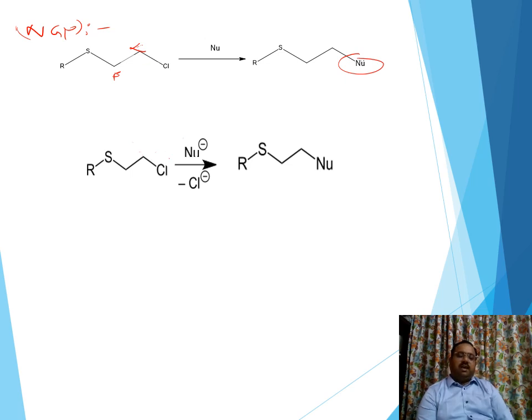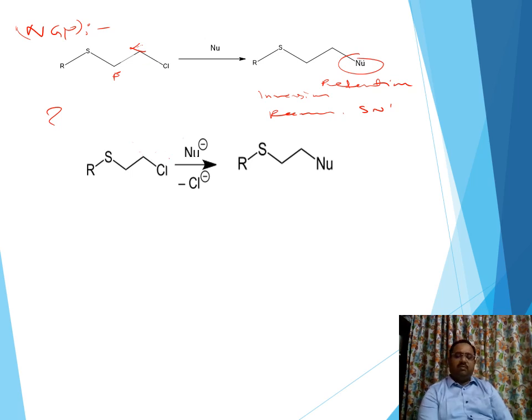Instead of inversion like in SN2 or racemic mixture formation like in SN1, in this reaction the products come with retention. They observe retention of configuration in the product. So that is the question mark again: how is retention in configuration possible for this reaction? That is the birth of the concept of NGP, neighboring group participation.